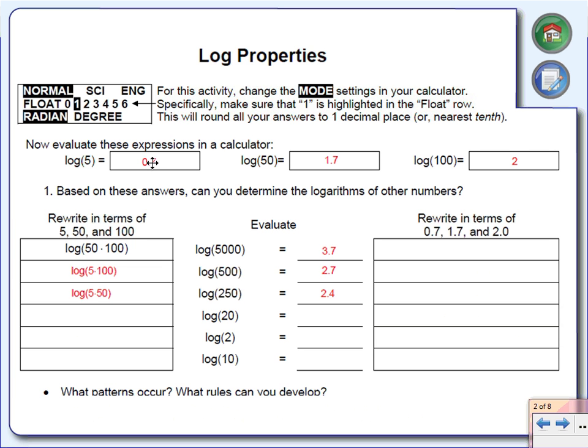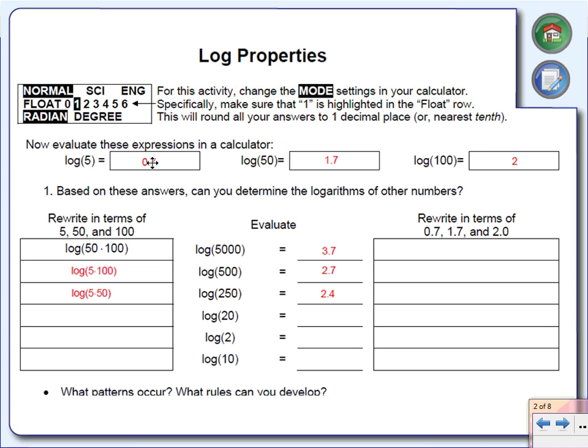The next one, log of 20. What two numbers can I multiply together to get 20? Remember, I'm looking at 5, 50, and 100. Are there two numbers that I can multiply together to get a 20? No, that just can't happen. But I can get a 20. Anybody know a way we can get a 20 using either 5, 50, or 100? Divide.